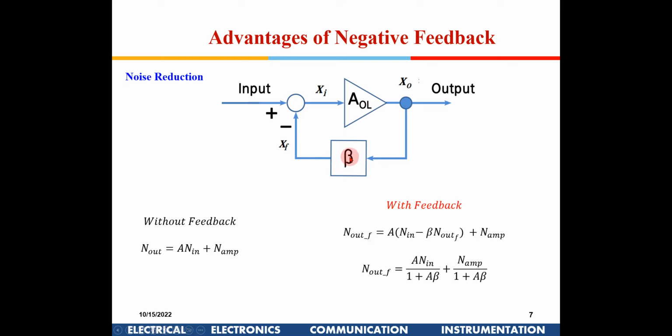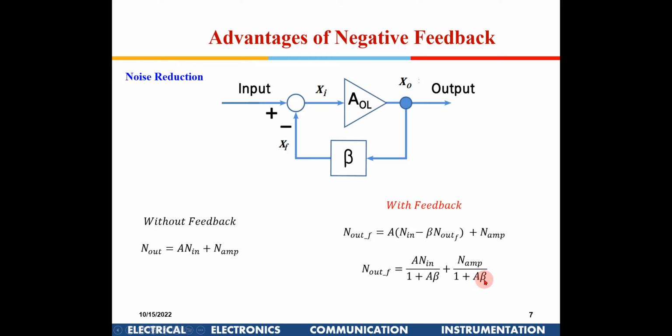If I write beta equal to 1, then this whole noise can get cancelled. In fact, if I put A into beta equal to 1, the whole noise can be cancelled. But it will become a unity gain amplifier, and even the signal will have the same gain. Otherwise, the noise is getting divided by a factor 1 plus A beta. Is it okay till here?